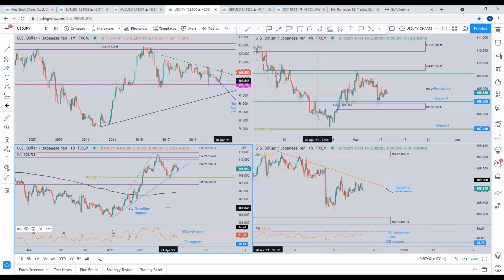This was one of his bullish divergence within the overbought and oversold range. This was one of his key methods. So simply a trend line support with RSI divergence within oversold range.